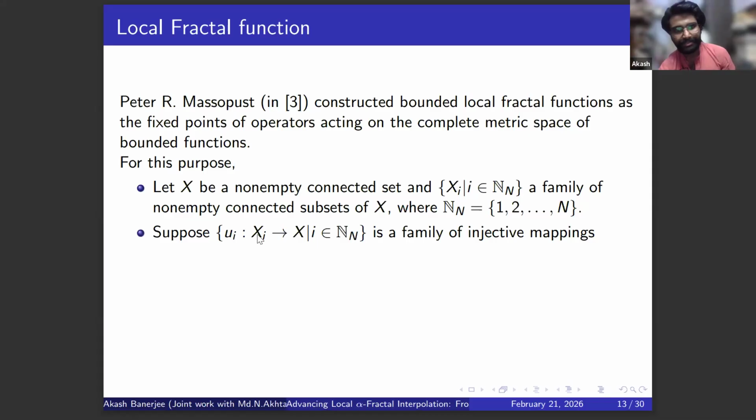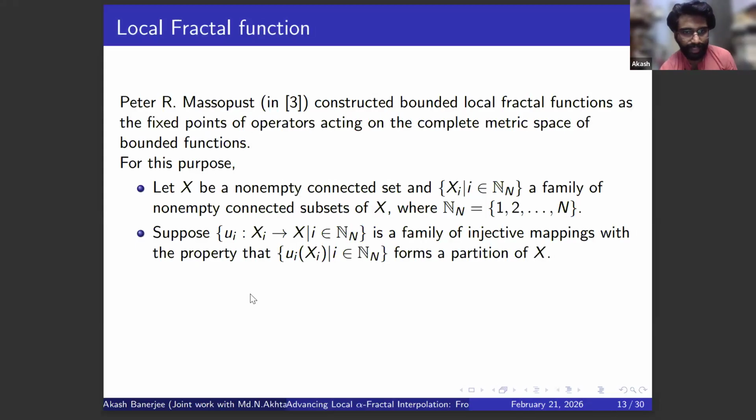These are like the contractions ln that we mentioned earlier, a generalization of the ln's. So these are ui's, which take these non-empty connected subsets Xi to X. They are injective mappings. These are not a generalization of ln's in the direct sense, since ln's are contractions from the whole interval to a subinterval.